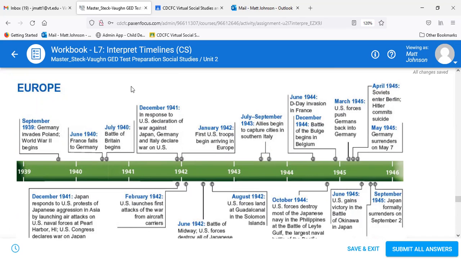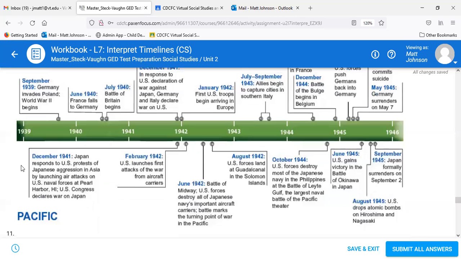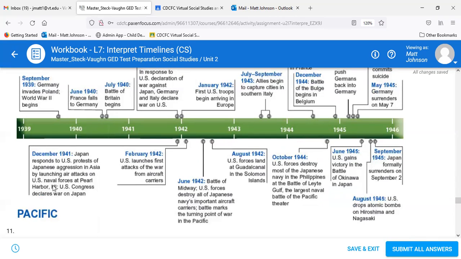That's what we consider the start of World War II in September 39, and then Japan responding to a U.S. protest of Japanese aggression in Asia, launching air attacks on U.S. naval forces at Pearl Harbor, Hawaii, December 1941.